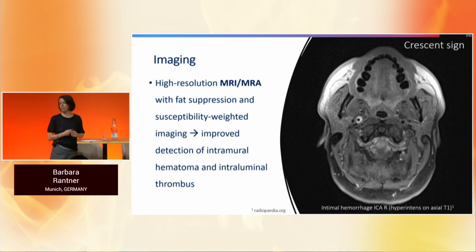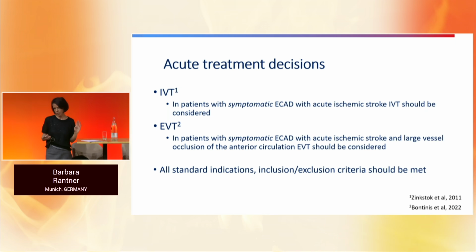The best imaging would have probably been, after we did the scanning with the ultrasound, to perform a high-resolution MR and MRI, because this allows a better differentiation for intramural hematoma and intraluminal thrombus. We did a CT angiography, so we did not additionally perform the MRI.